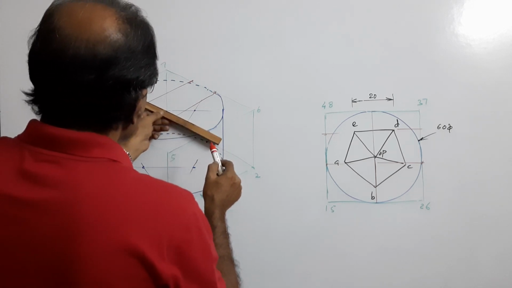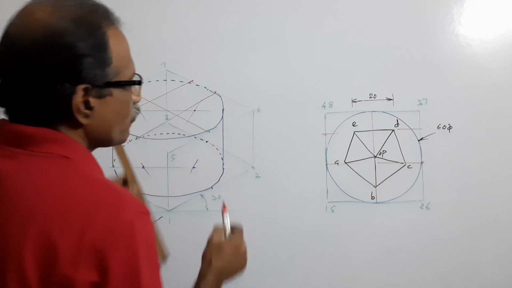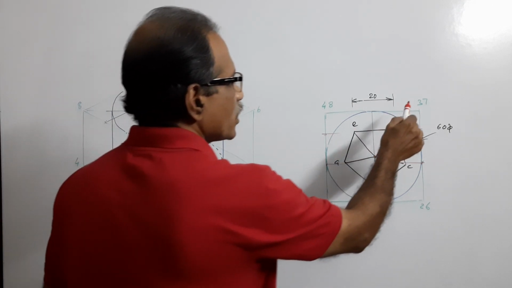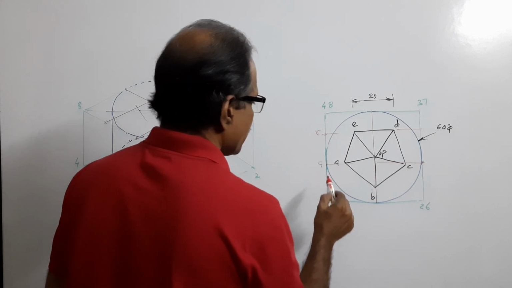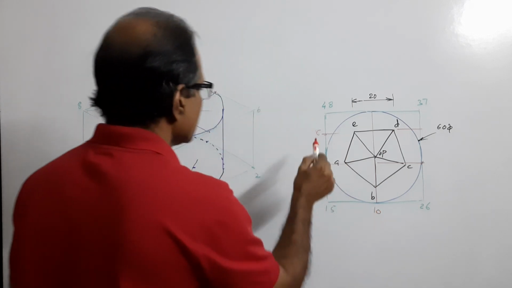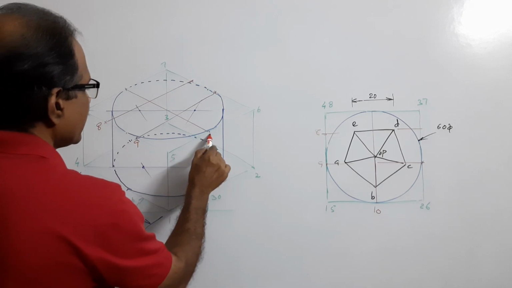Now, connect this. If you want, we can name them. You have used up to 7, 8, 9, 10. So this is 8, this is 9, and this is 10.